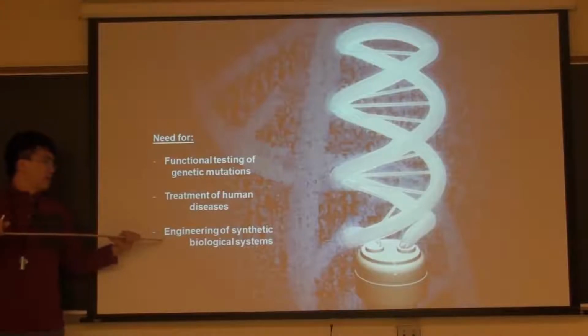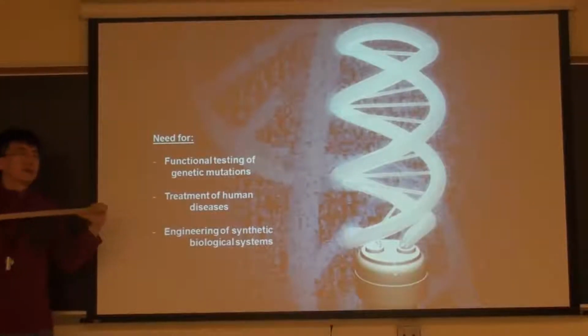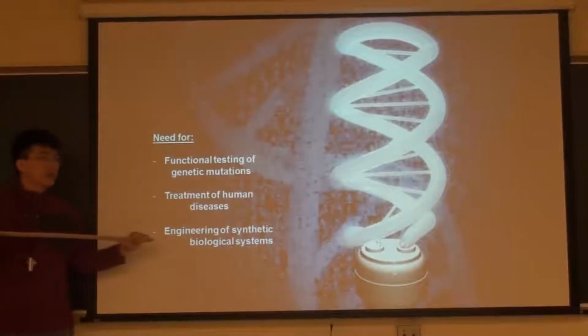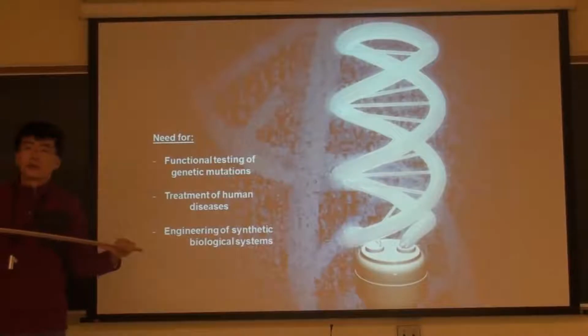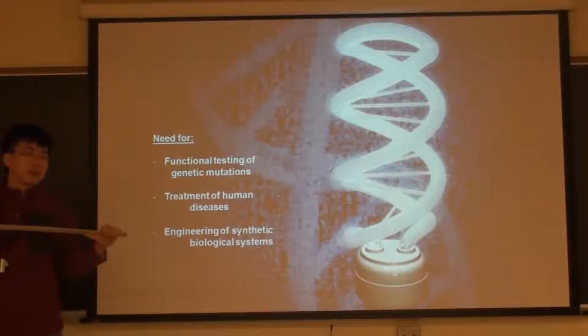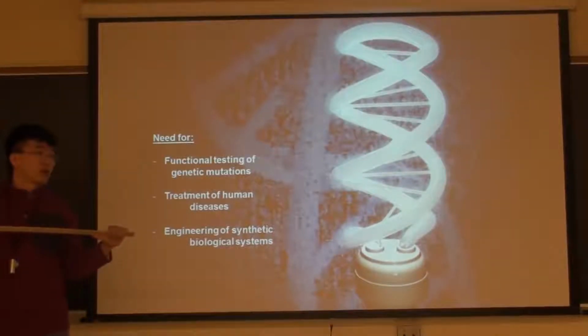Engineering of synthetic biological systems. There are several good examples. You can use synthetic organisms like yeast that are engineered to produce precursors of anti-malarial drugs, which can make the drug much cheaper.